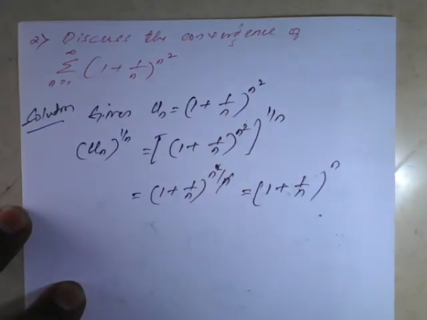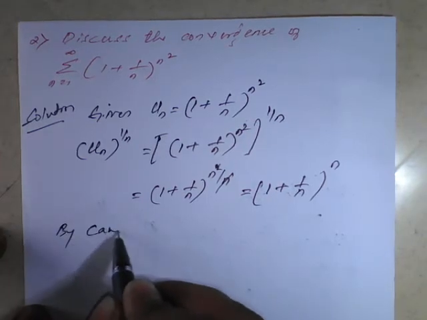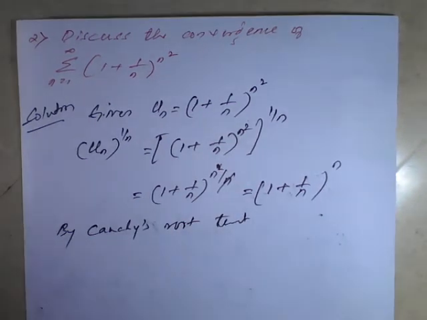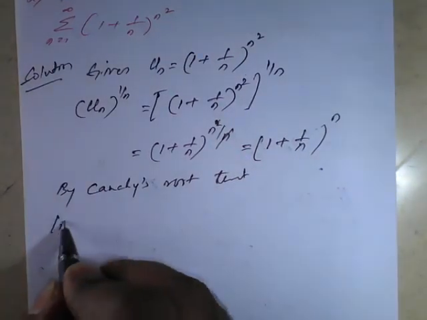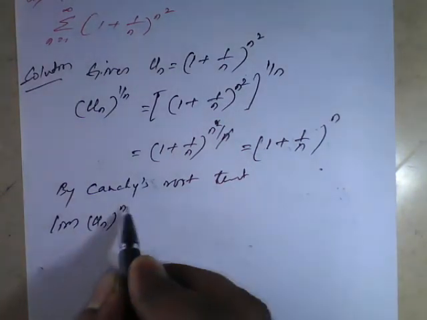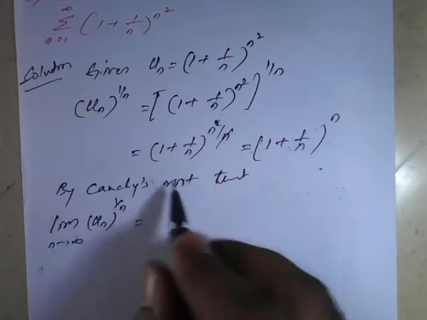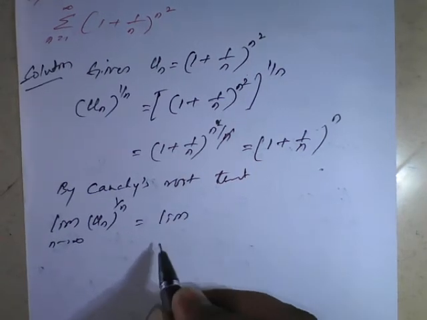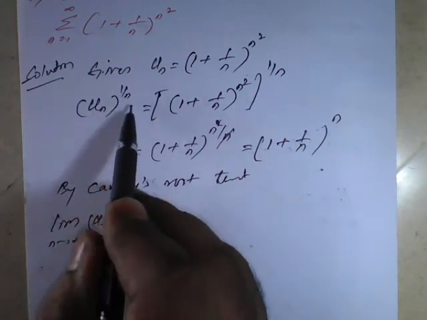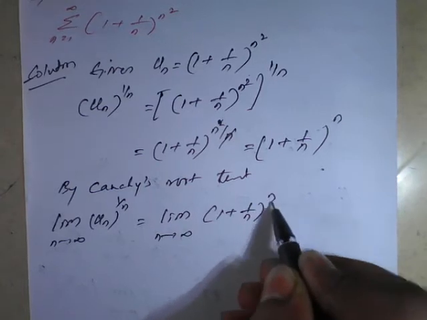So by Cauchy's root test, what does Cauchy's root test say? It says limit of un raised to 1 by n as n tends to infinity. Applying the limit here, it will be limit as n tends to infinity of (1 plus 1 upon n) raised to n.